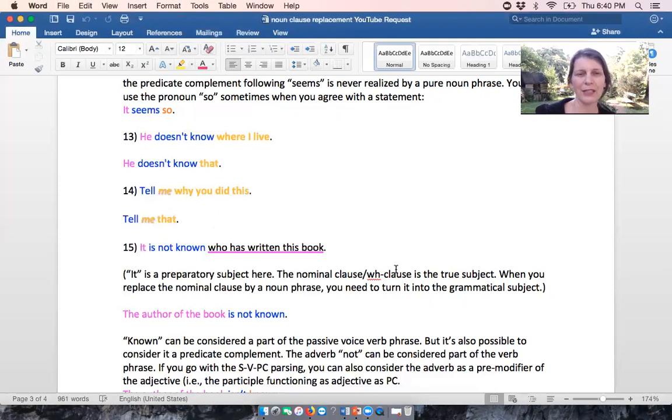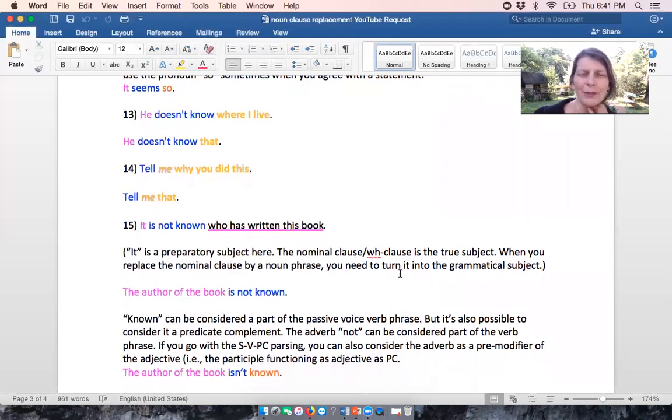So that's a different type of semantic subject, it's simply a postposed subject. So you could say who has written the book is not known, and then you can say the author of the book is not known, if you want to replace the WH clause by a noun.